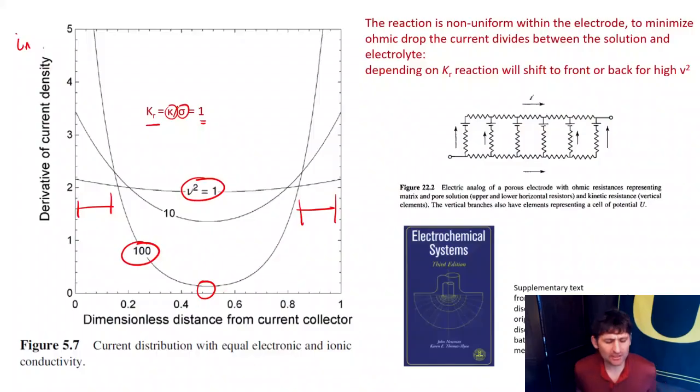There's a way to think about this, and there's more advanced analysis you might be interested in seeing in Newman. This is sort of the classic electrochemical engineering text, extremely good text, a little bit more mathematical. And he has a nice picture of the electrochemical cell as an analog, a porous electrode with ohmic resistances representing matrix and pore solution. So the ohmic resistances, right? The ohmic resistances of the electrode would be along this axis.